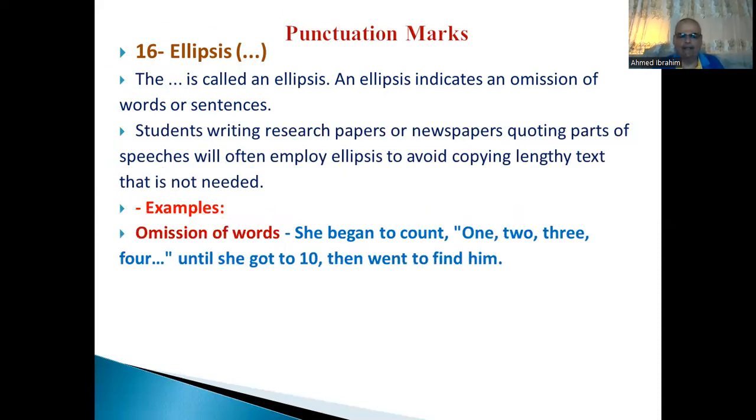Example. Omission of words: She began to count 1, 2, 3, 4 ellipsis until she got to 10. Then she went to find him.